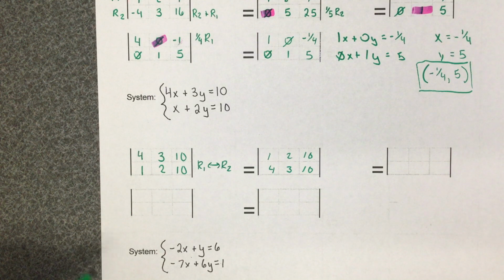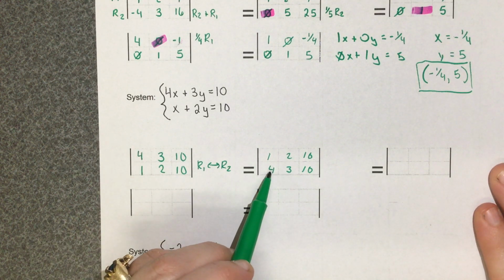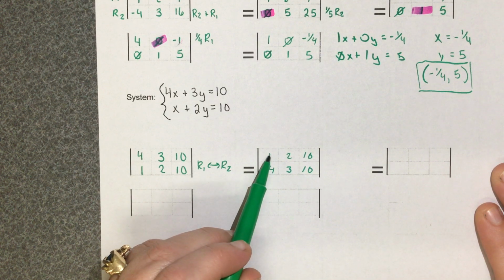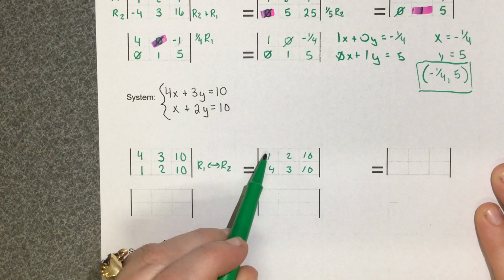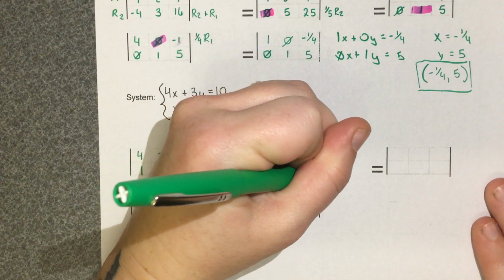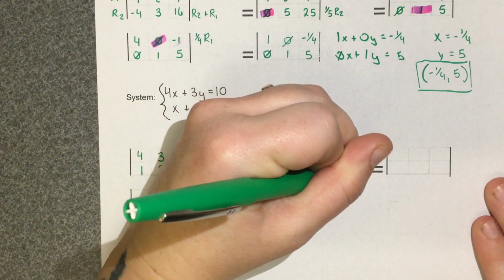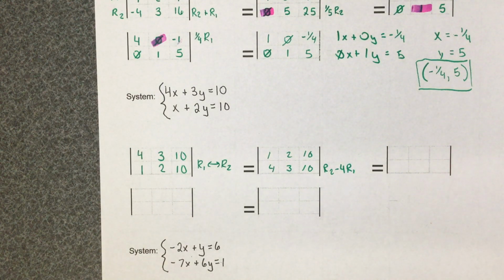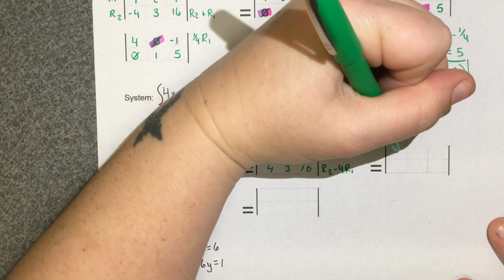Now I want to get rid of the 4 here. I want to turn it into a 0. So I'm going to subtract row 1 from row 2 4 times. So row 2 minus 4 row 1s. So I'm not affecting row 1 at all.